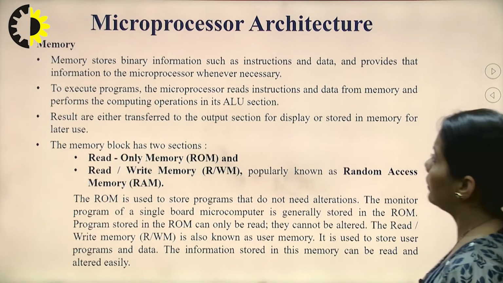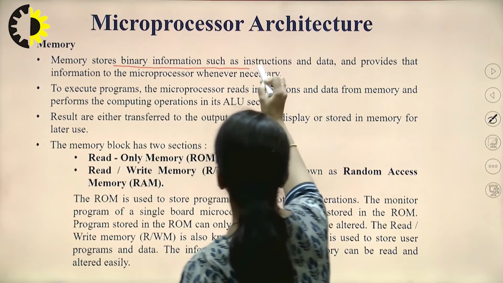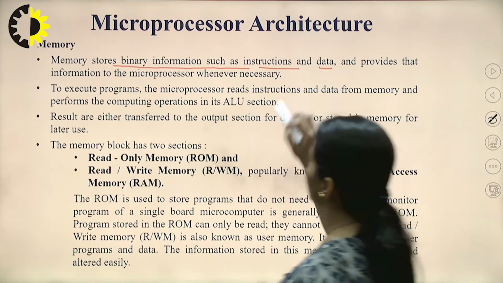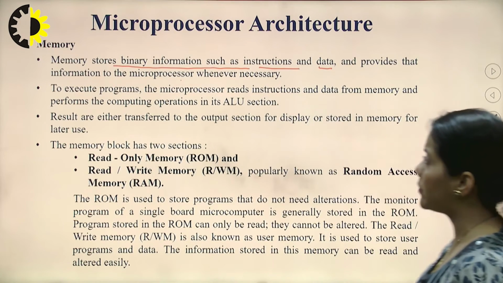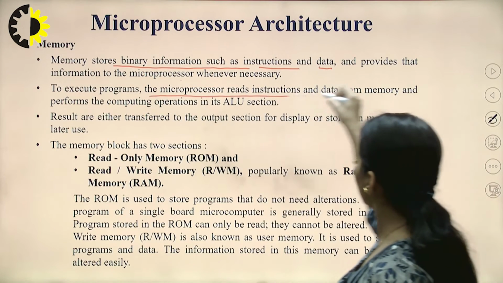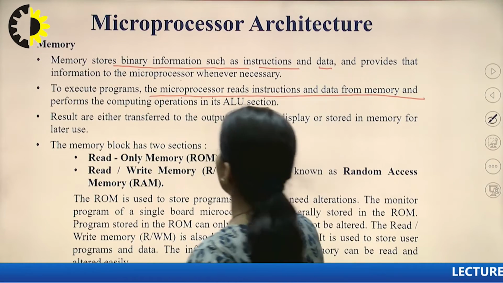Now, when we talk about the memories, memory stores the binary information such as instructions and data and provides that information to the microprocessor whenever necessary. To execute the programs, the microprocessor reads instructions and data from the memory and performs the computing operations in its ALU section.